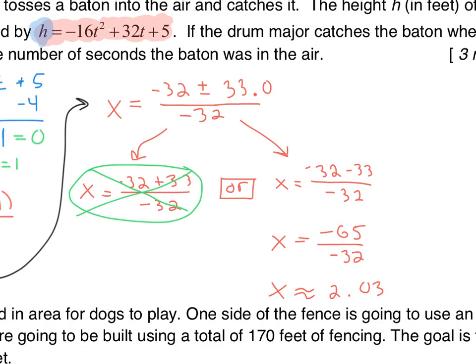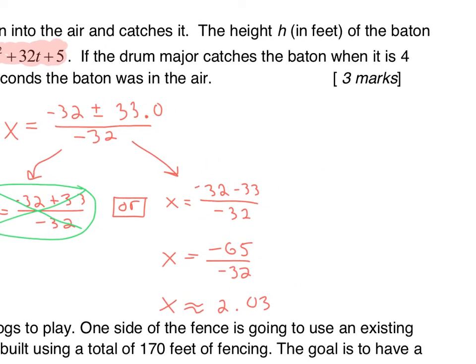So that means that drum major is walking along, throws that baton in the air, and at that 4-foot mark, catches it. That amount of time from throw to catch worked out to be about 2.03 seconds. So that's exactly what our answer means.